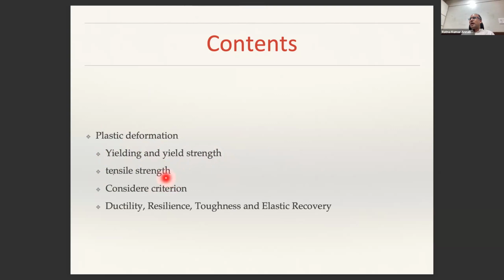Then we will look at the tensile strength. In this context, we will talk about the concept of necking just before fracture in a ductile material, which can be explained through a mathematical model given by Considère. We will discuss something called the Considère criterion. And then we will discuss what we mean by ductility, resilience, toughness, and all those things.